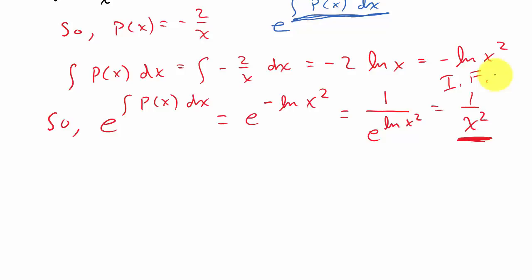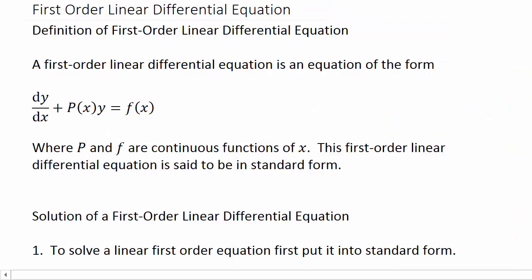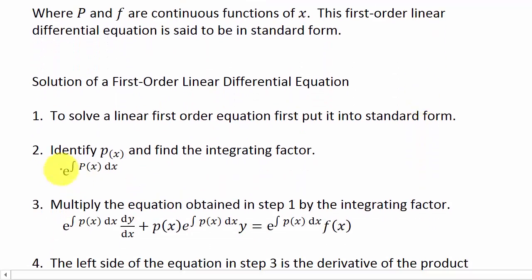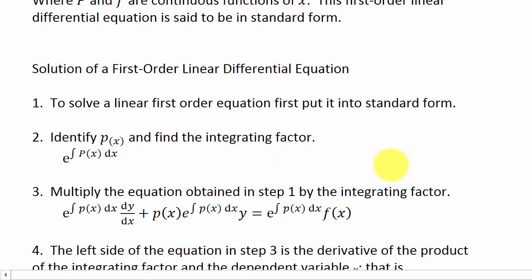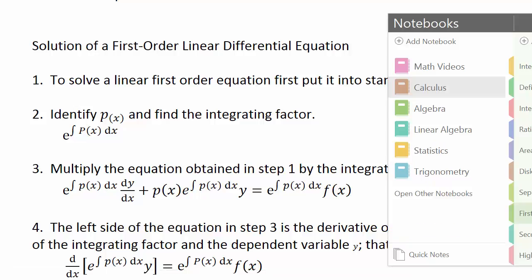Now, remember what the next step says to do? Let's go back and look. We identified p of x and we found our integrating factor. Now we multiply the equation obtained in step 1, the equation in standard form, by the integrating factor. So let's do that.